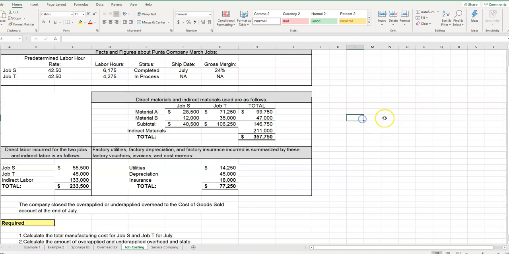So if we have job S and job T, we're going to have direct materials, direct labor, and our overhead allocation for both jobs.